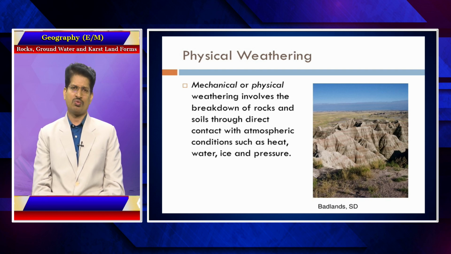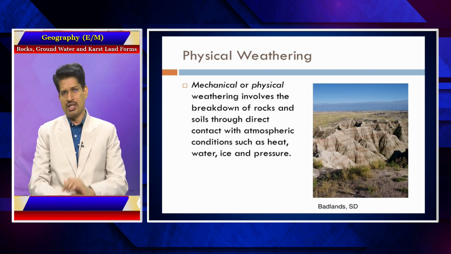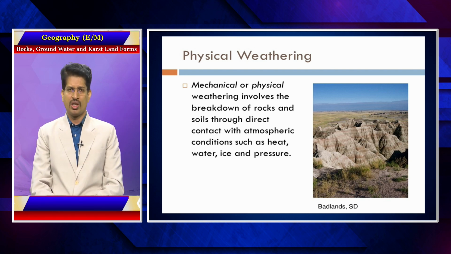Because of the uneven expansion and contraction, since the outer layer of the rock is exposed to heat whereas the internal layer of the rock is not, there will be uneven expansion and contraction. This uneven expansion and contraction of rocks leads to fracturing.